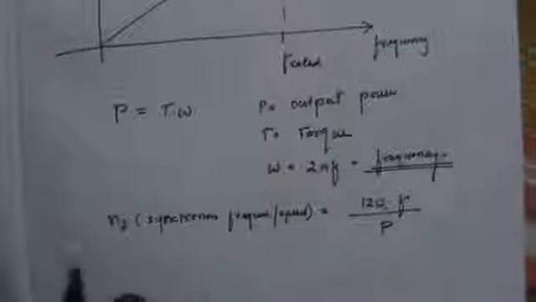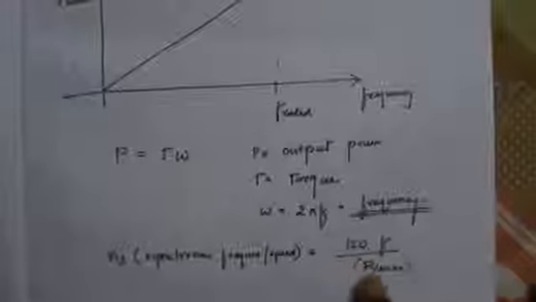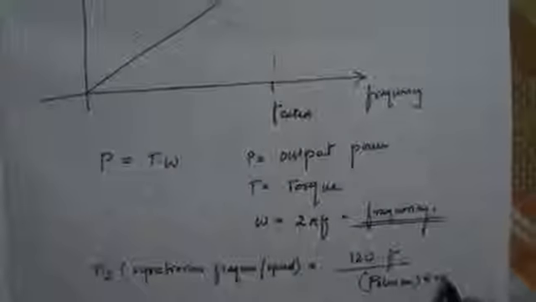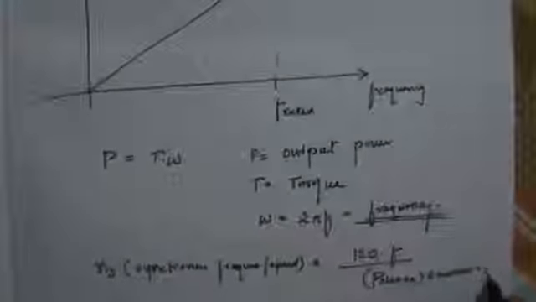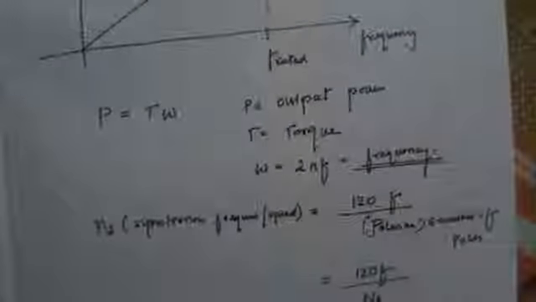Okay, now this is how this synchronous speed comes, and this is where the frequency of the system really matters. This is the pole number. Let's not confuse it with the power I have written here. This is the number of poles. Okay, let me write it very neatly because this is a very important formula.